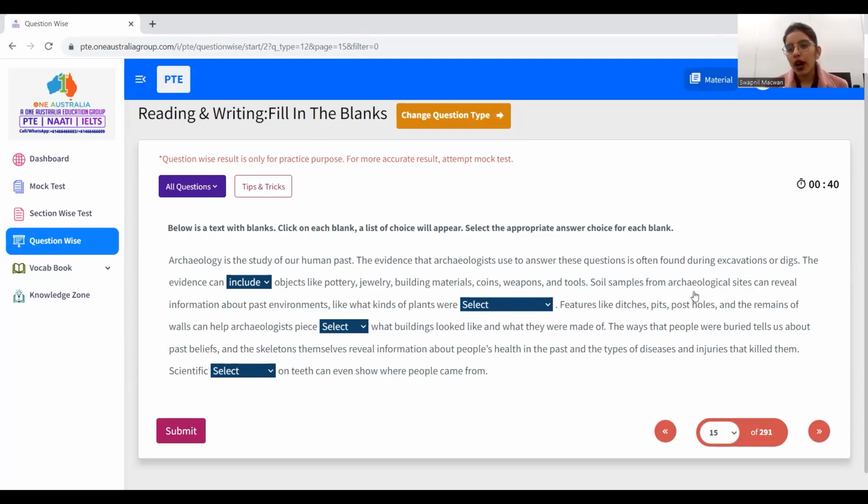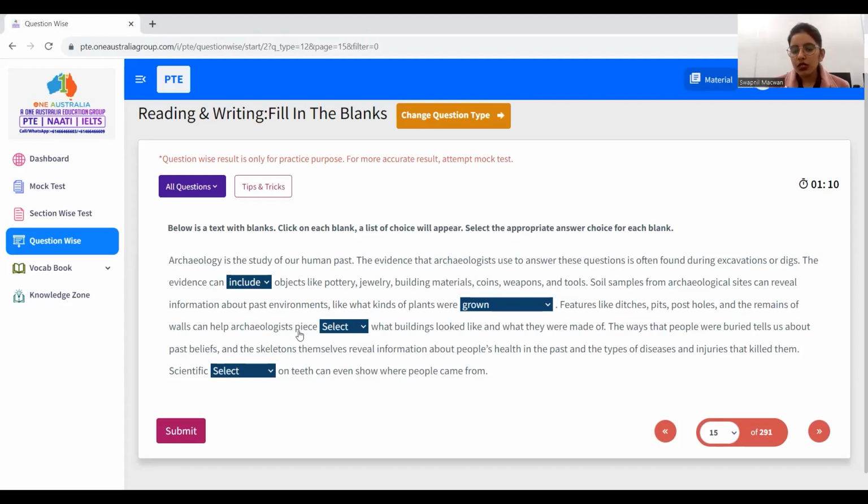Soil samples from archaeological sites can reveal information about past environments, like what kind of plants were dash. Now we know that after were, the verb third form will come. So we have the verb third form here: plants were grown. Features like ditches, pits, post holes, and the remains of walls can help archaeologists piece dash what a building looked like.